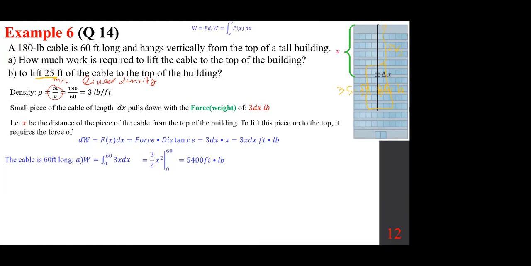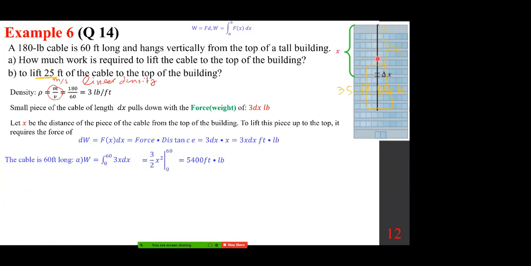However, what happens to the top? That's important for everybody to see. The top portion, 25 feet, is a variable force, because the top of it, let's say 1 foot away, only goes 1 foot up, but the bottom of it goes 25 feet up. Do you see that? And it varies. Why does it vary? As you pull it up, this portion keeps on changing weight.